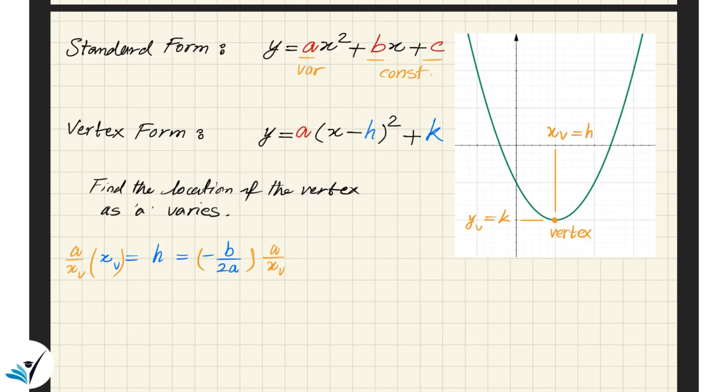On the left hand side, x sub v in the denominator will cancel out with the x sub v inside the parentheses, and on the right hand side, a in the denominator inside the parentheses will cancel out with the a in the numerator. On the left hand side we have a is equal to, on the right hand side we have negative b in the numerator, in the denominator we have 2 times x sub v.